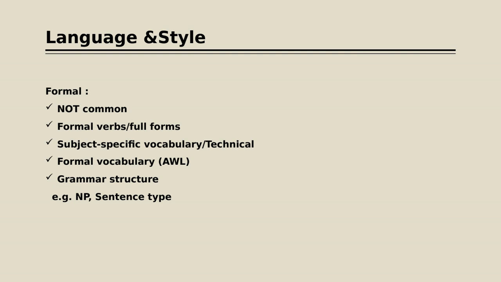You need to use compound sentences, complex sentences, noun phrases, verb phrases, and eliminate informal noun phrases, informal verb phrases, and idiomatic expressions. So we reduce this kind of use.